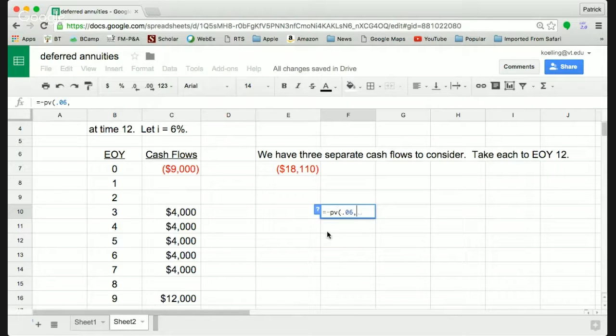How many cash flows are there? There are 5. 1, 2, 3, 4, 5. And the next argument is that uniform series. 4,000 is how much the uniform series is. I'll just pick the first one to get a number. And there we go.